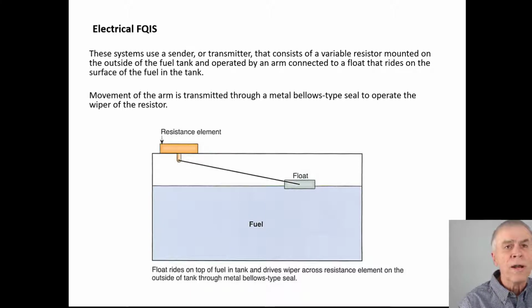FQIS, fuel quantity indicating system. The electrical part, again, we have the float and the resistive element. It's usually a ratiometer.